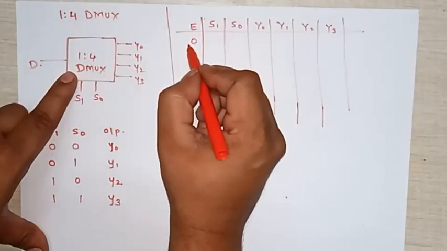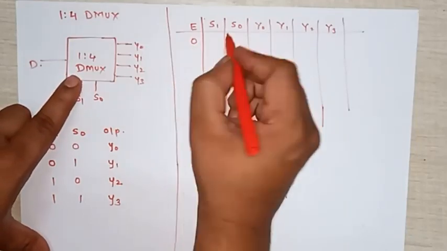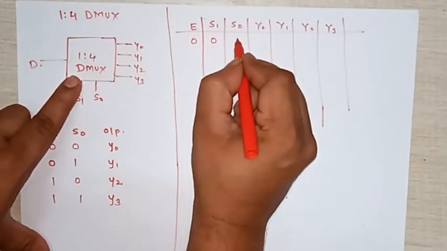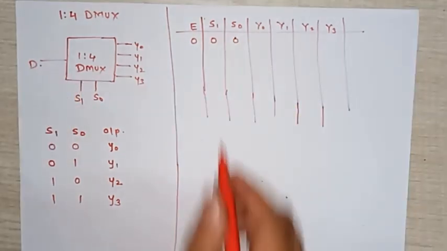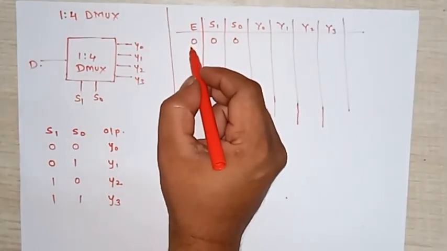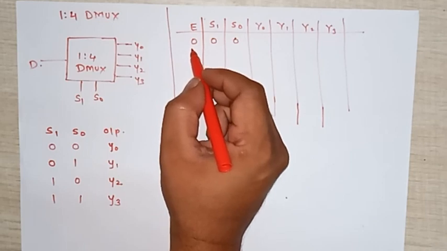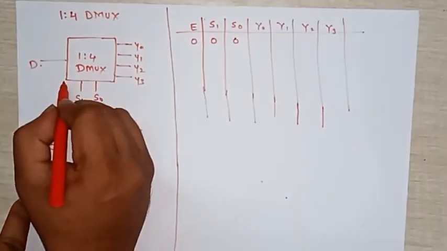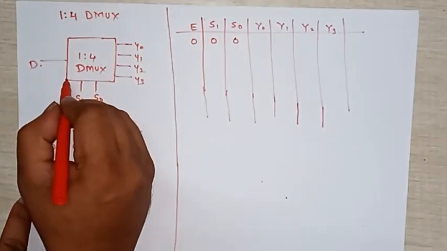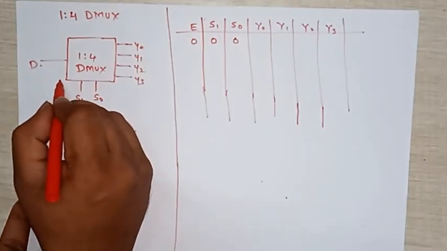Now consider the enable line is 0 initially. As we have discussed already, when the enable line of the mux is 0, at that time the mux is in deactive condition.